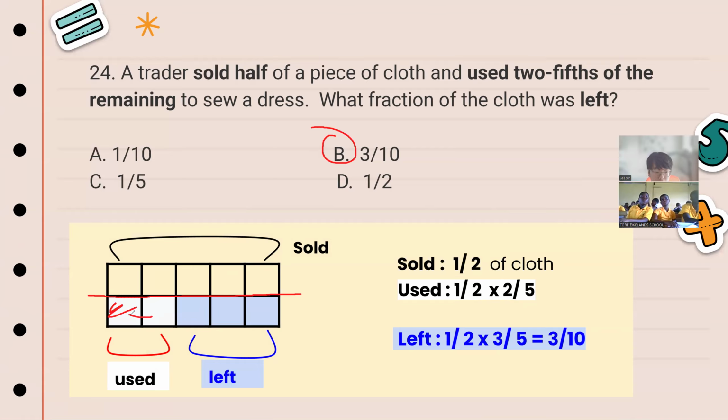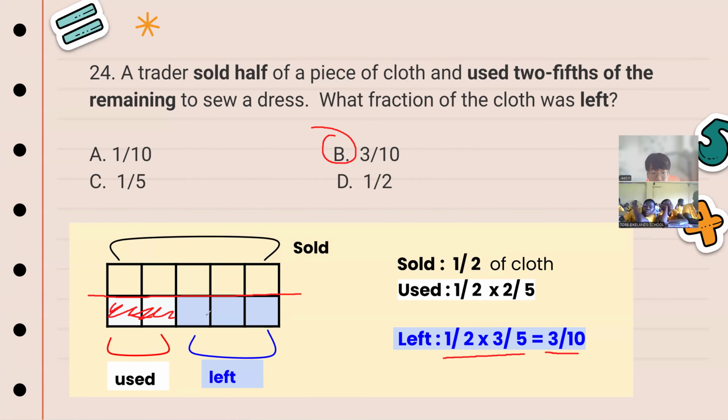We used these two, and 3 of the 5 remains. But we're finding the fraction of the cloth from the whole cloth. Remember that we took half, so we multiply 1/2 times 3/5, which is 3/10.